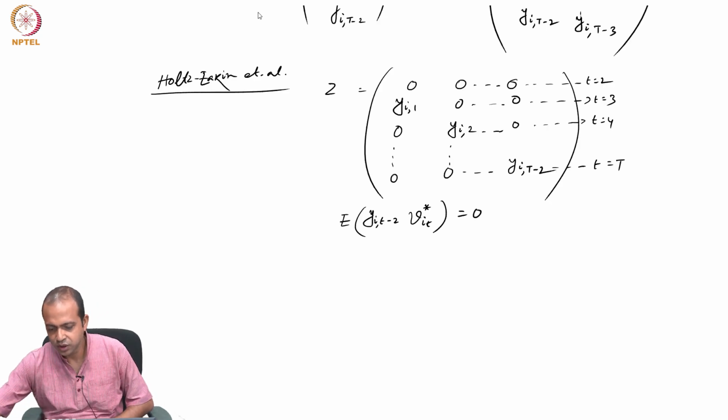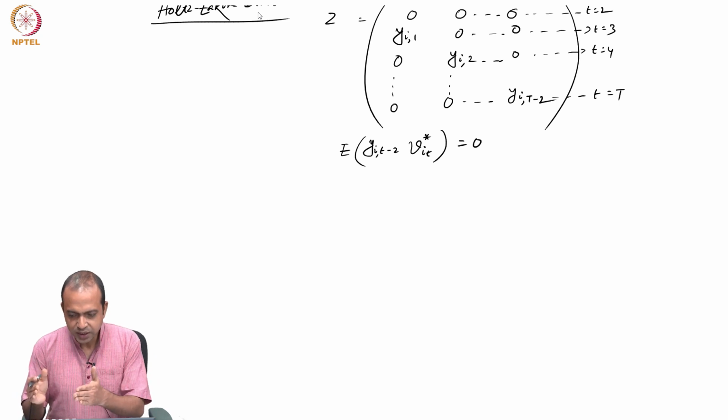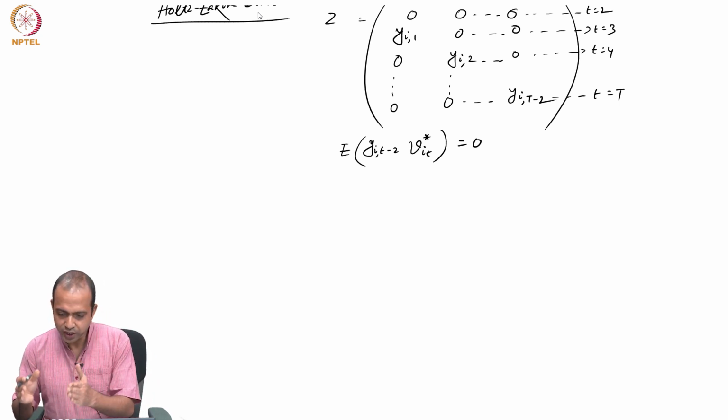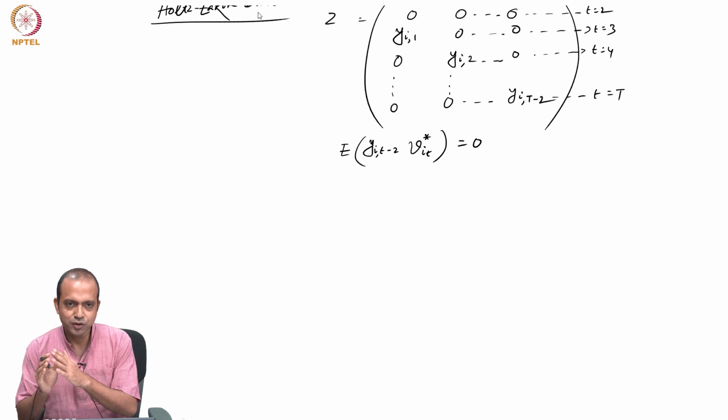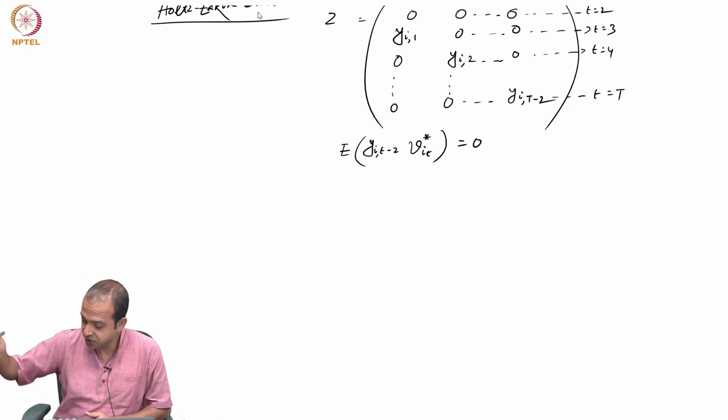So vi star is vit minus vit minus 1. In this approach, even though we ensured enough sample, our lag length was confined only to 2. And based on this Holtz-Eakin et al.